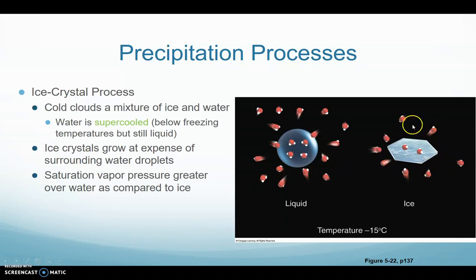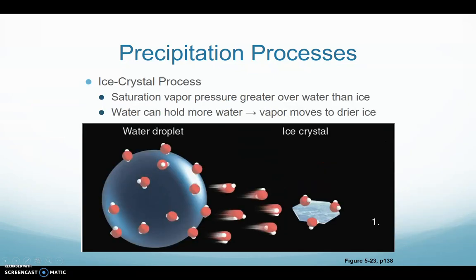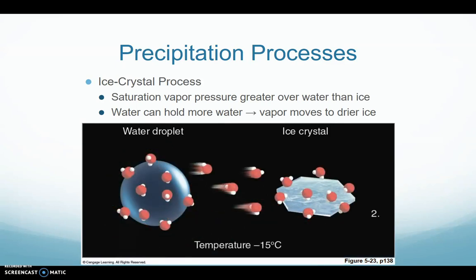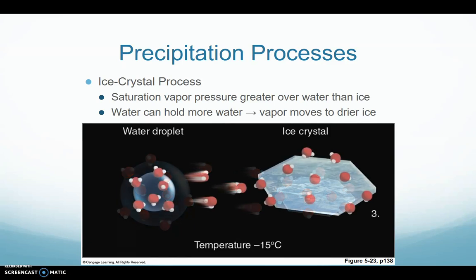And since there's less water vapor around an ice crystal, you're going to have water vapor moving from the high saturation vapor pressure area around the water droplet to the ice crystal on the right. And so the ice crystal ends up growing at the expense of the water droplet. And once the water vapor is right around the ice crystal, it freezes onto the surface, causing the crystal to grow.